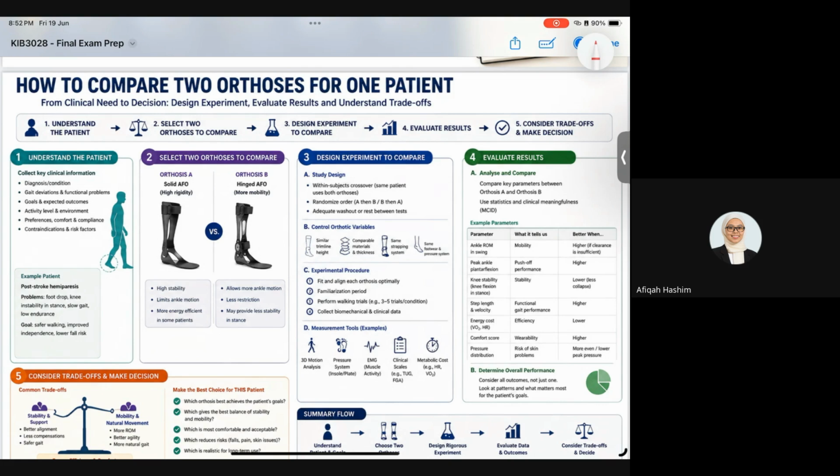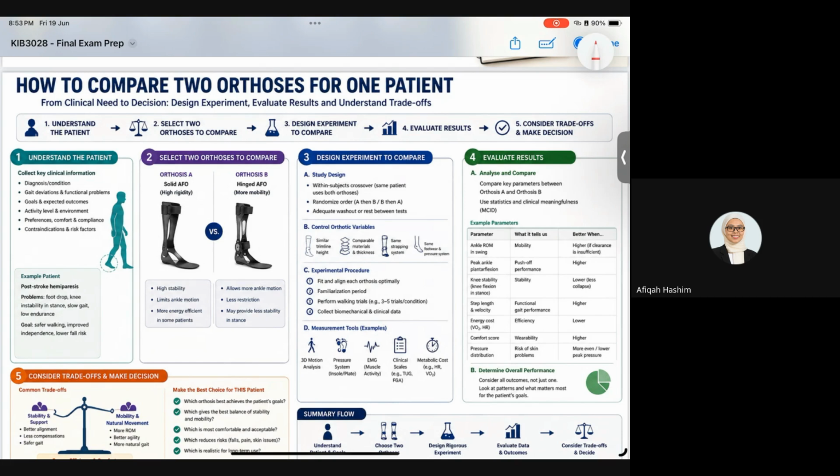Okay. So after collecting the data, so this is related to the experiment. Yeah. So after you collect the data, okay, you don't stop there. The most important part is interpreting the result that you get. So suppose one orthosis improves the stability but reduces ankle mobility. Okay, stability is improved, but the ankle mobility is reduced.